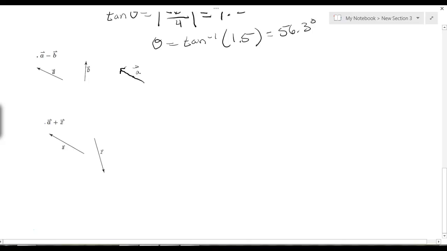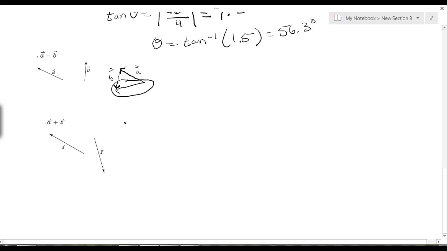But like I said, they always go tail to head. So I'm going to draw the opposite direction of vector B, tail to head. And then I'm going to draw in my resultant, which is the answer vector, again tail to head. Whoops, and that disappeared for some reason. So this ends up being my answer.